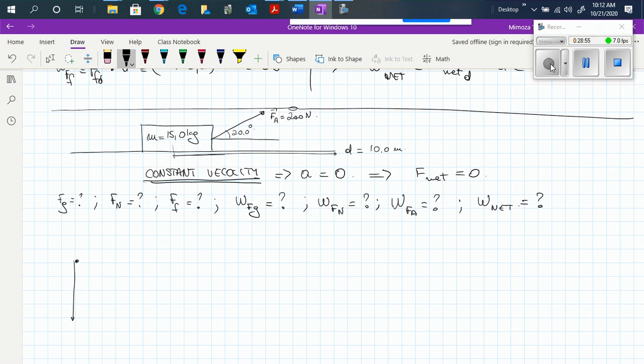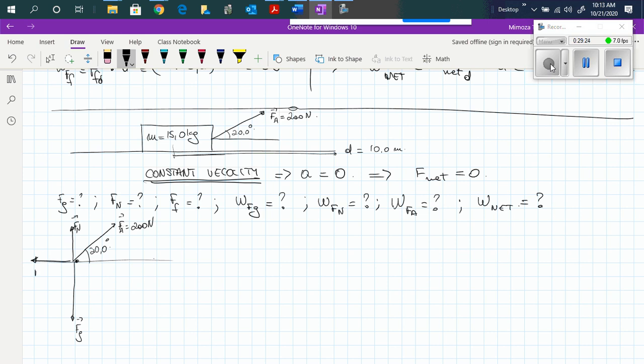So we'll have force of gravity. We'll have the surface. We'll have the given force applied as 200 newtons at 20 degrees with the horizontal. And then we will have force normal. Notice here again, I'm making a force normal, a vector that is smaller than the force of gravity.